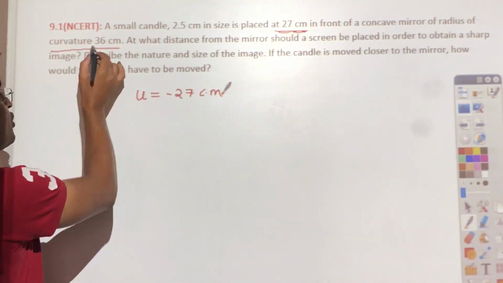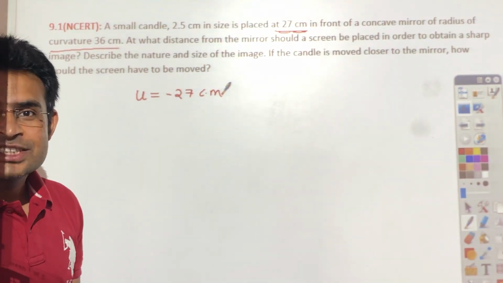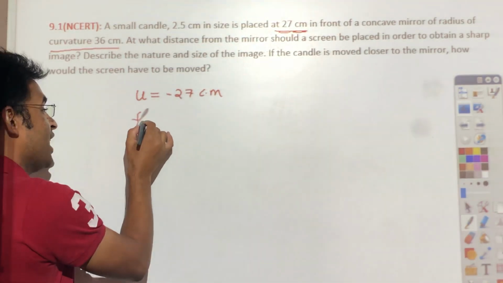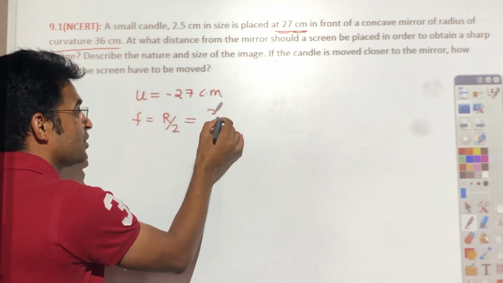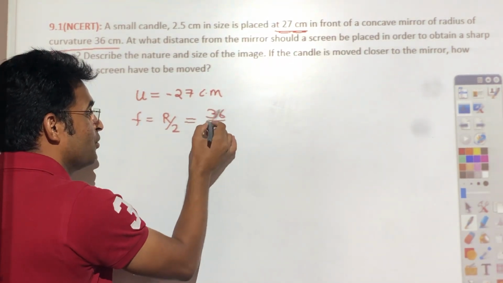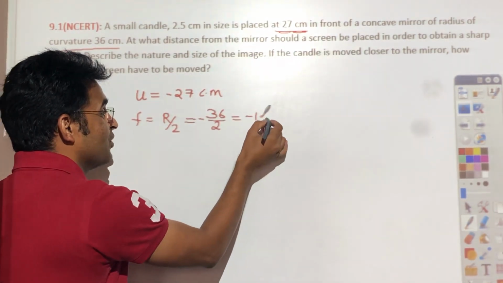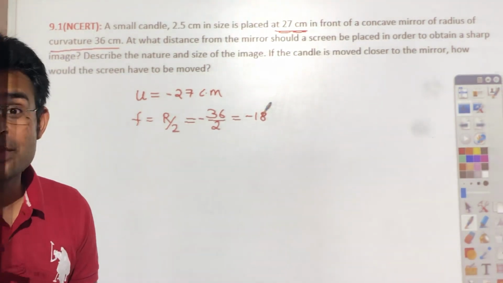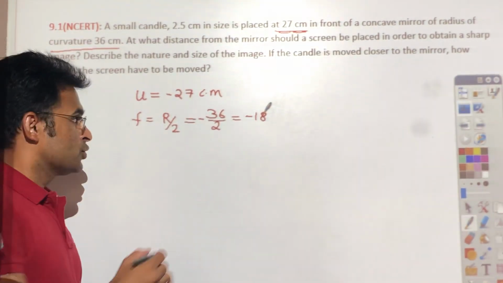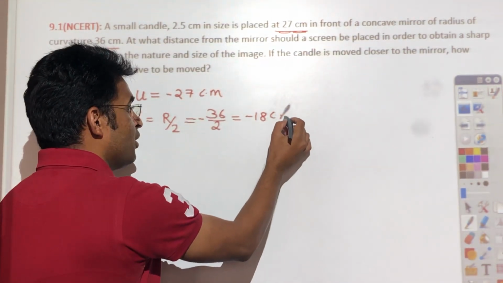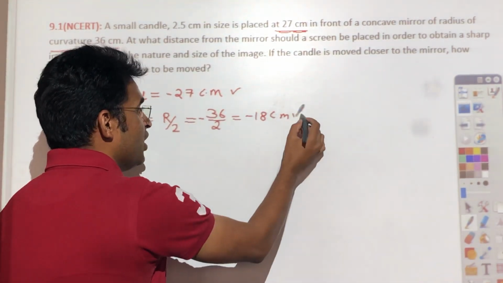Now the given radius of curvature is 36 centimeter, and we know f = R/2, so 36 divided by 2 becomes -18. Why the minus sign? Because it's a concave mirror, and the radius of curvature for a concave mirror must be negative. So f is -18 centimeters.